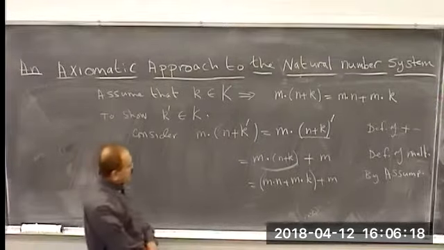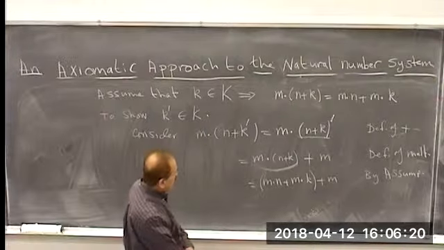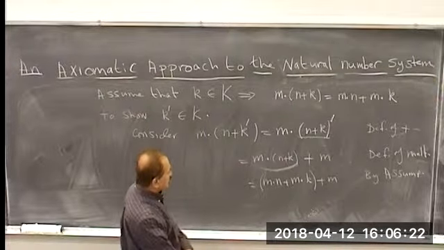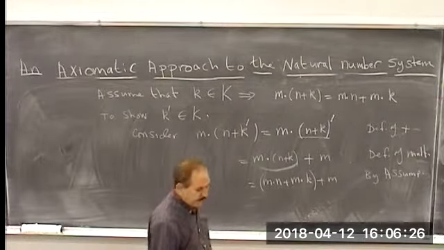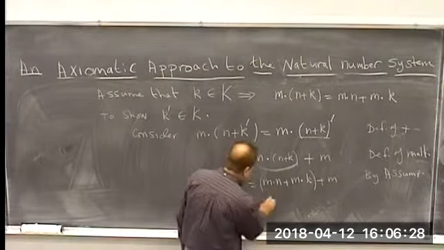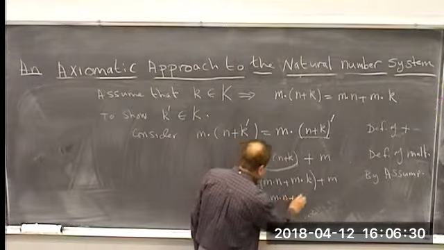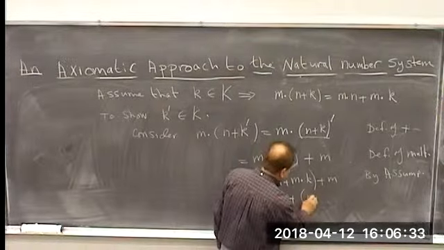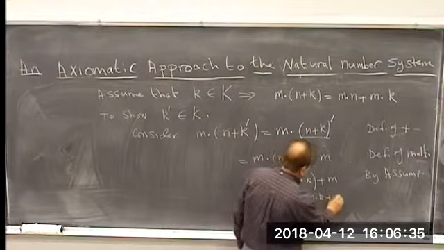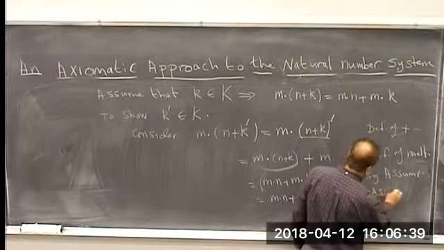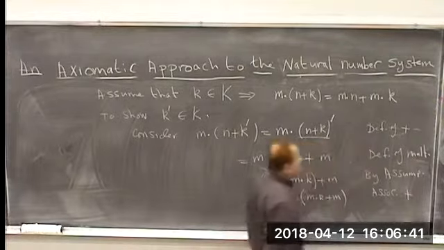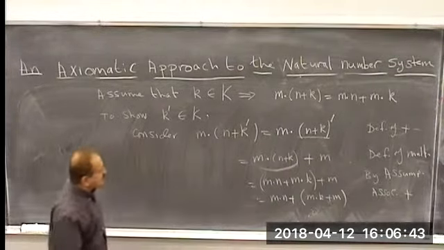Now we need to see what we can do. We need to use the associative property. And so we can write this as mn plus, and I'm going to regroup m times k plus m. This is associative addition, a property of addition.